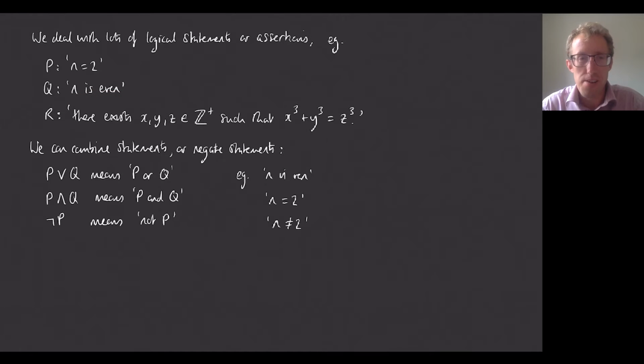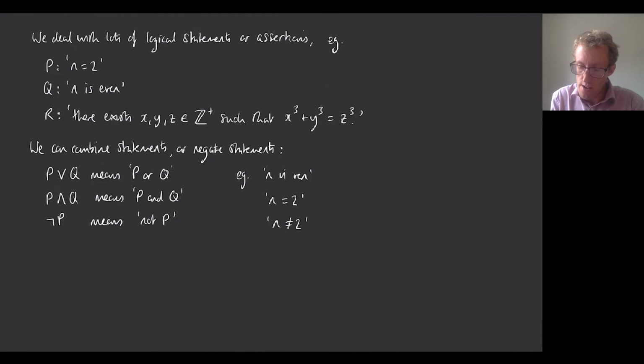Often in these cases you have to use a bit of common sense. So the fact that we were talking about the thing being even, and the fact that it was written as n, suggests that we're thinking of n as being an integer. So you might equally say that not Q is the statement n is odd. So we have to use a bit of common sense in thinking about the context.